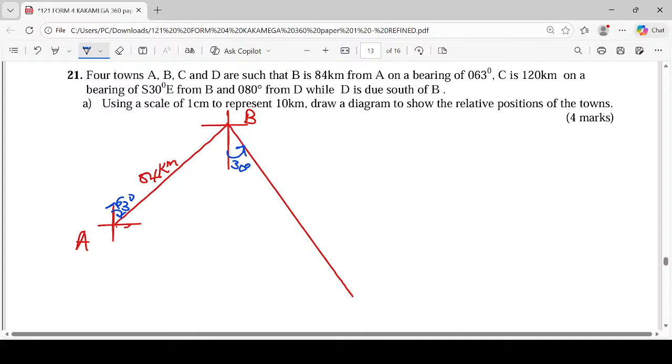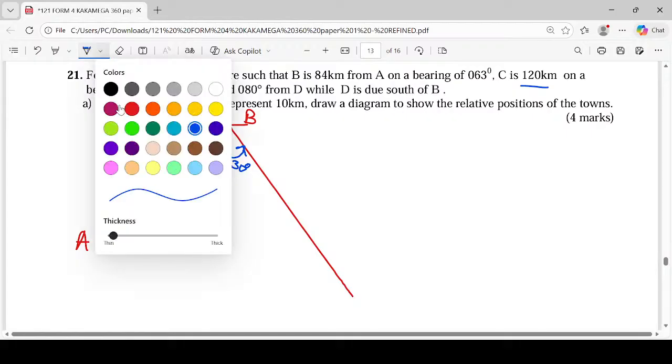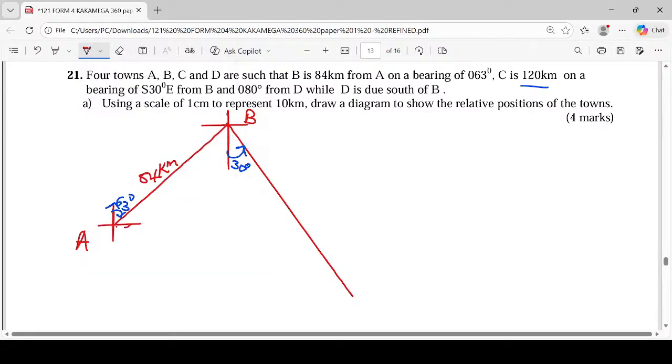But 120 kilometers is just like saying 12 centimeters. So at that particular juncture, you locate your town C. This is my town C.